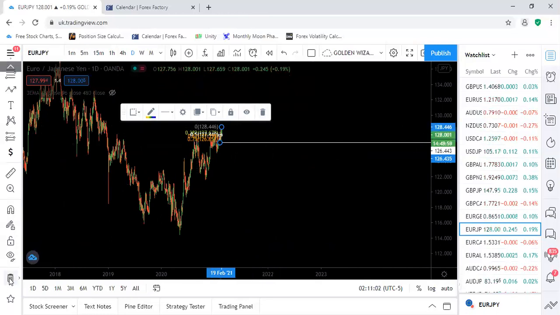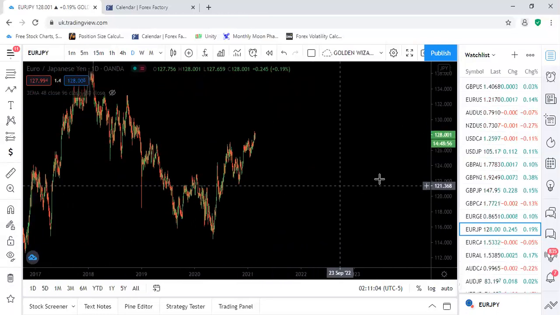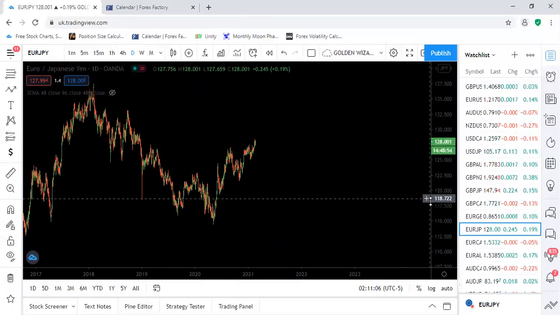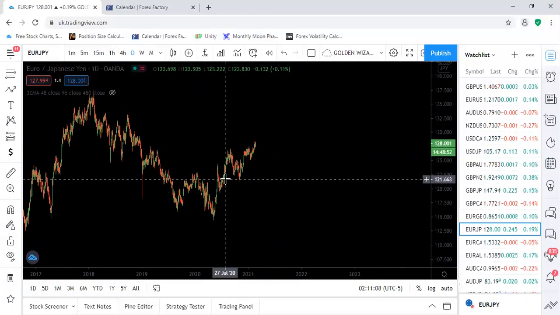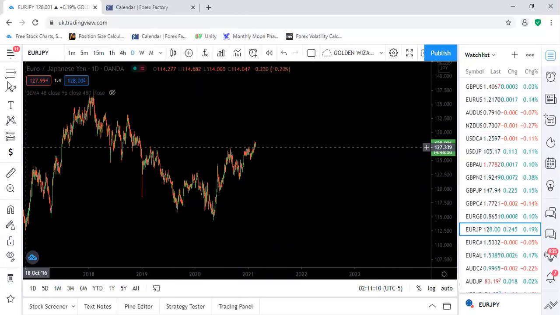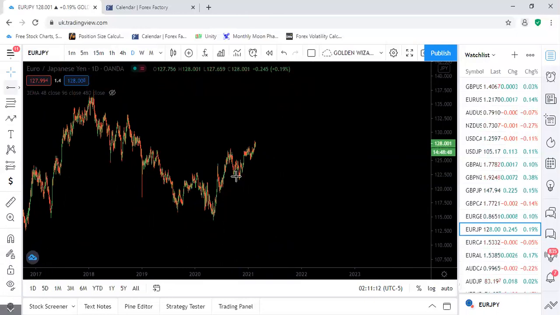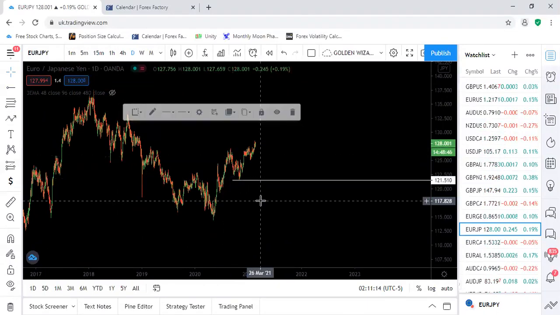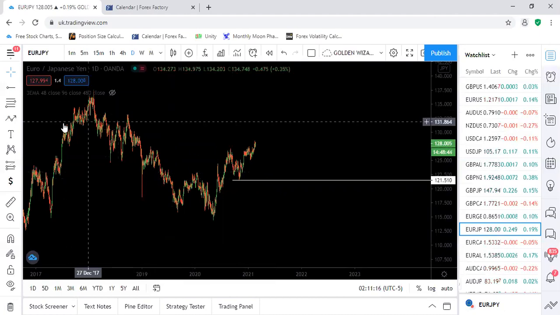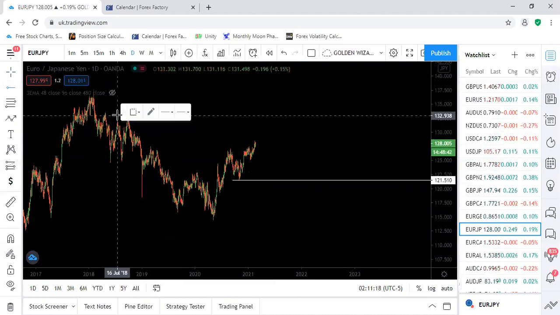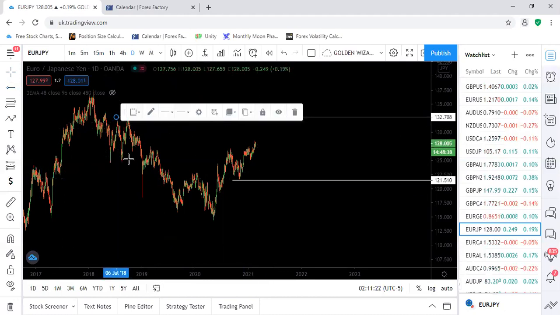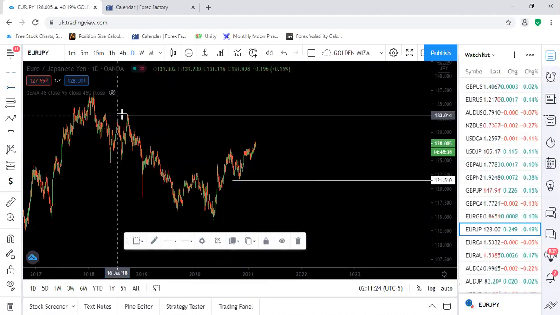You know what I'm going to do with this one? Clear it and get fresh annotations. So I do see a low here. And as far as highs, this is the next high that I see as a potential target.